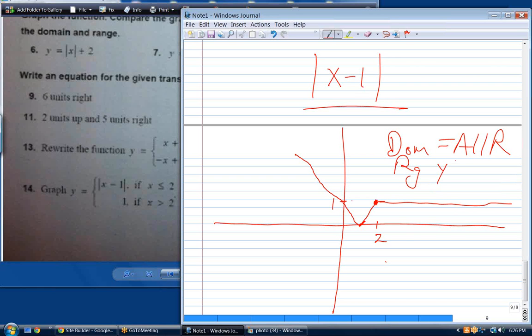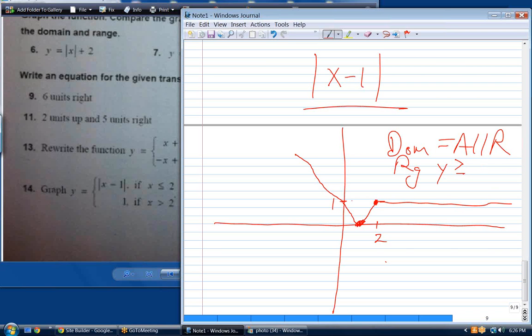Y is greater than or less than, or... Which is it? Look at the graph. Okay. Greater than or what? Equal to. And what's the number? 2.